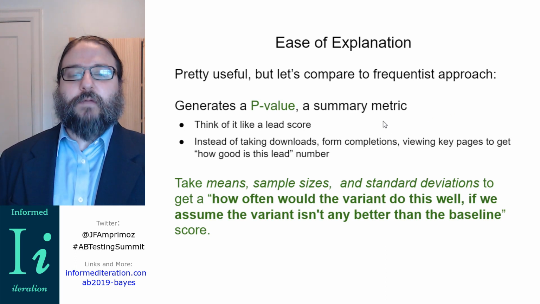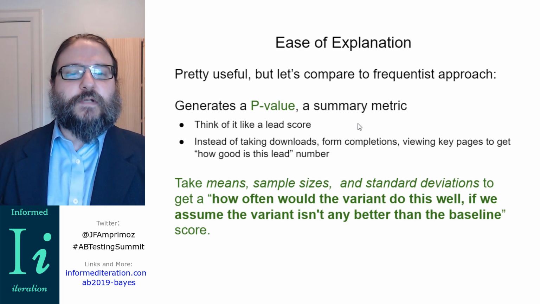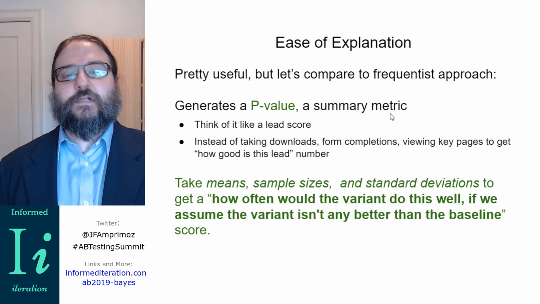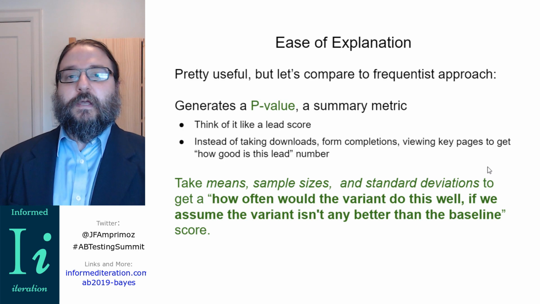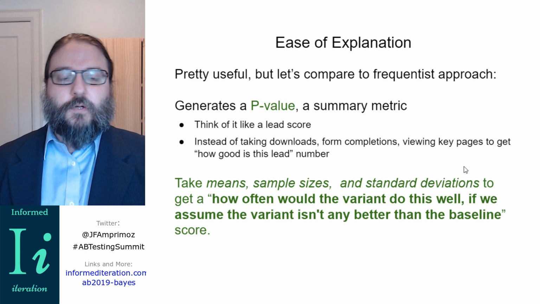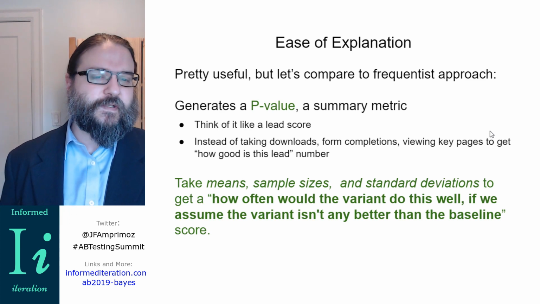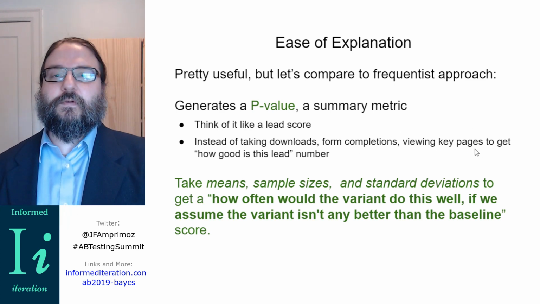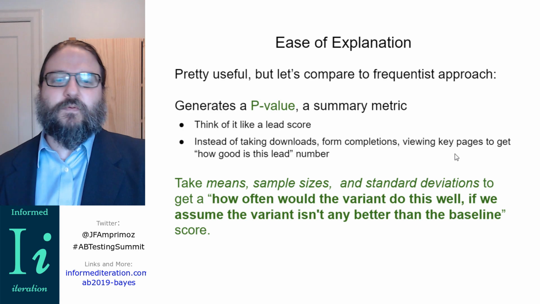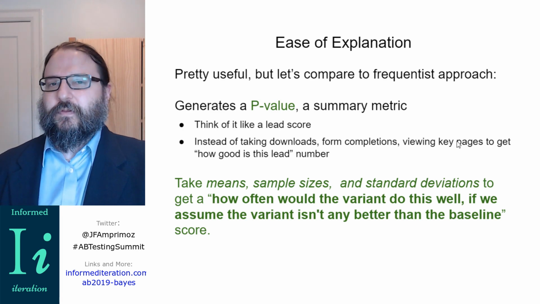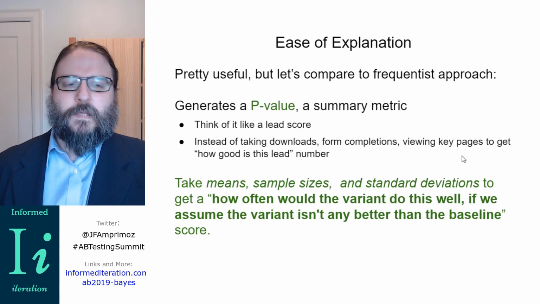It's kind of like a lead score, but instead of taking downloads and form completions and key pages to get a how good is this lead number, we're taking means and sample sizes and standard deviations to get a how often would the variant do this well if we assume the variant isn't any better than the baseline score.